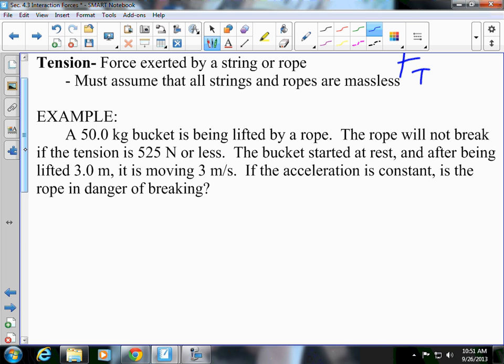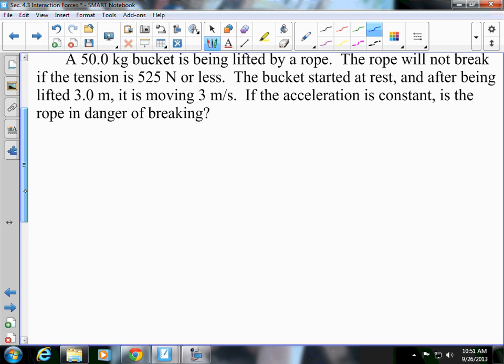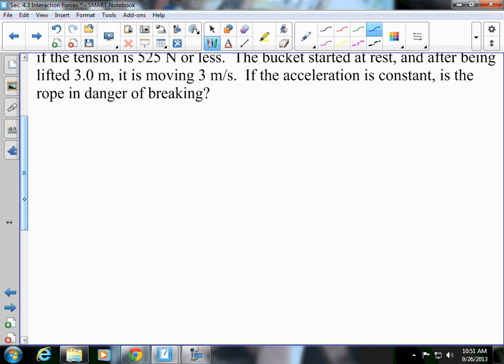So if we draw a little picture here, we're going to have a pulley. And essentially, we're going to have a rope, and I'll make my rope yellow, just like this. And on the end of the rope, we have a bucket. Now, there are two forces at play here.